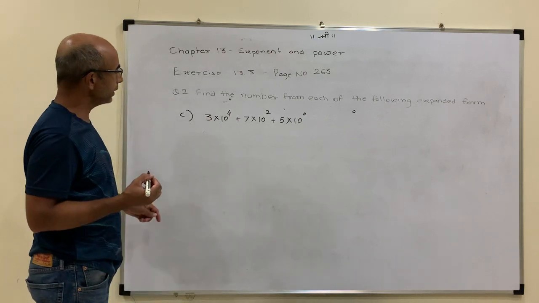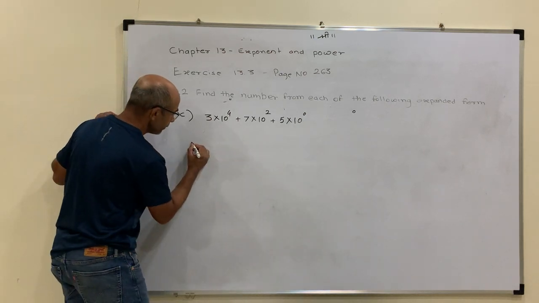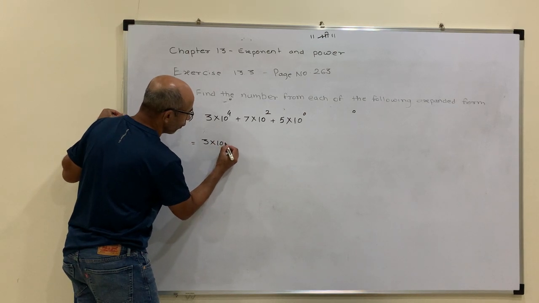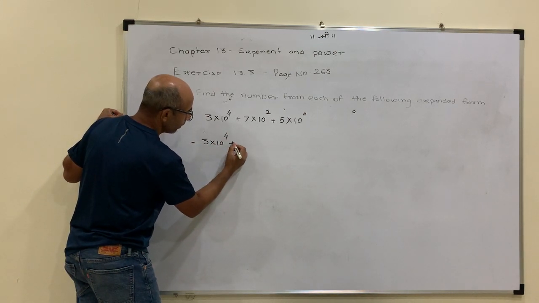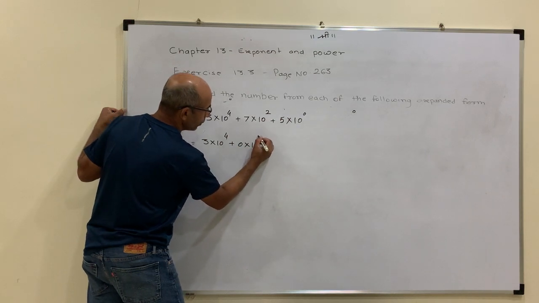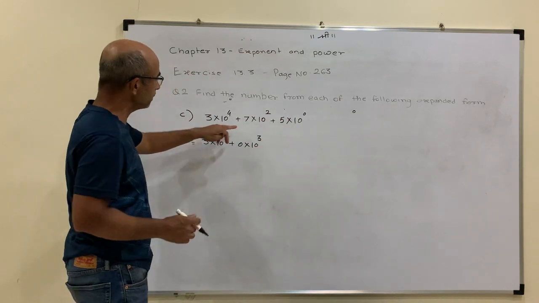So now let's rewrite this again. 3 into 10 raised to 4, plus 0 into 10 cube, which is the missing term.